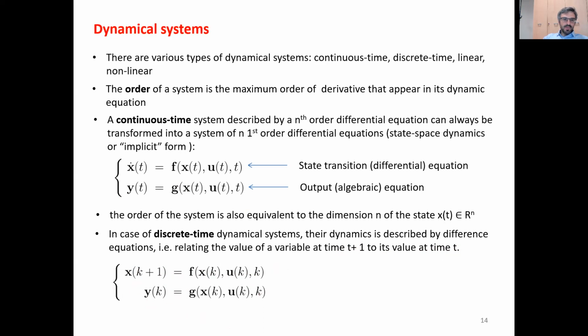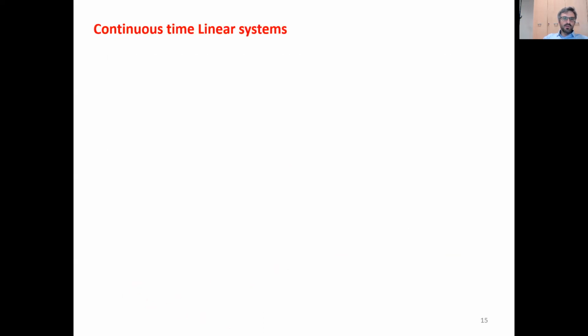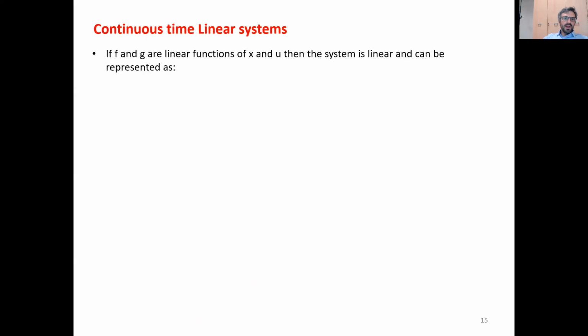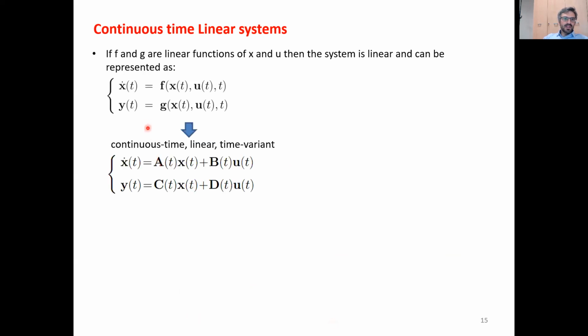So in case of linear systems, f and g are linear functions of x and u, and a linear system can be represented this way. We saw this matrix A and B. This multiplies the state, and this multiplies the input. And the output equation as well can be written in a matrix form.